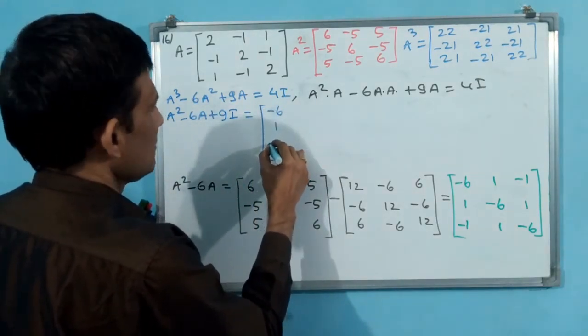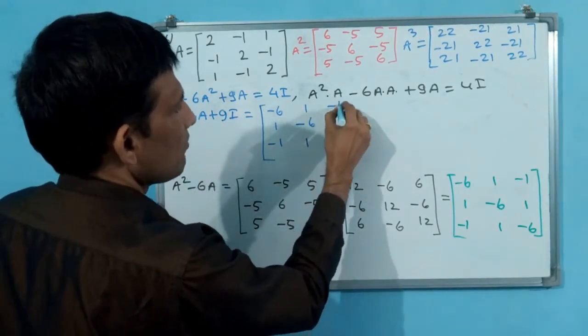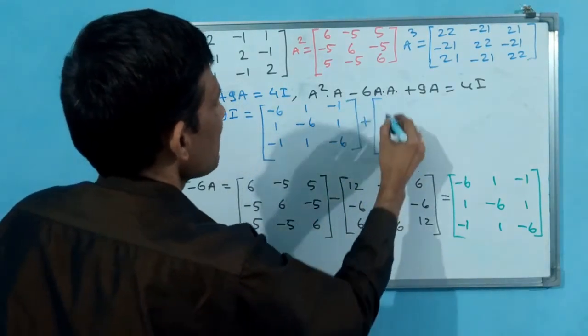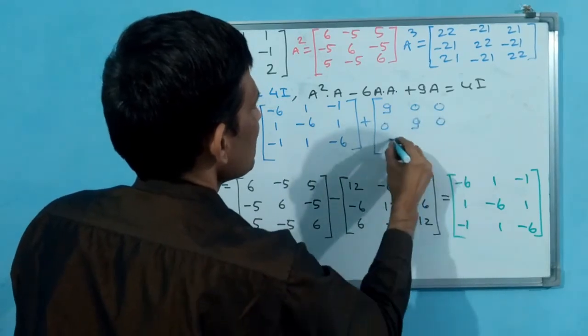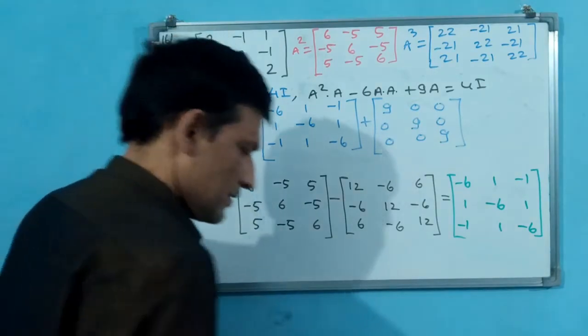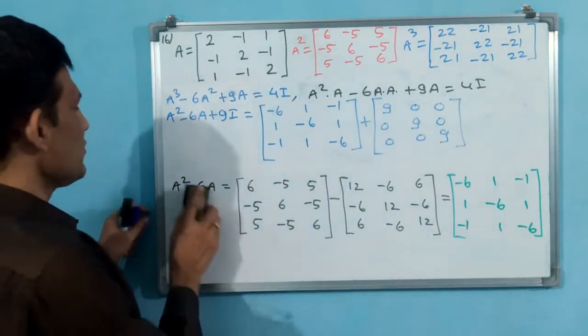Minus 6, 1, minus 1, 1, minus 6, 1, minus 1, 1, minus 6, plus 9I. 9I means 9, 0, 0, 0, 9, 0, 0, 0, 9. Okay. See, if you do this one, 4A inverse is going to come.